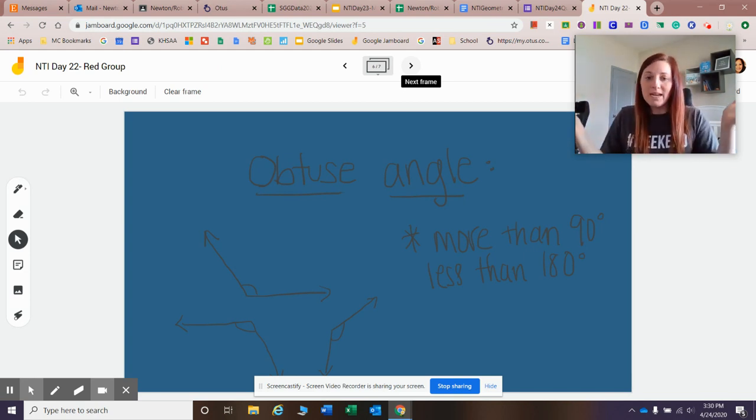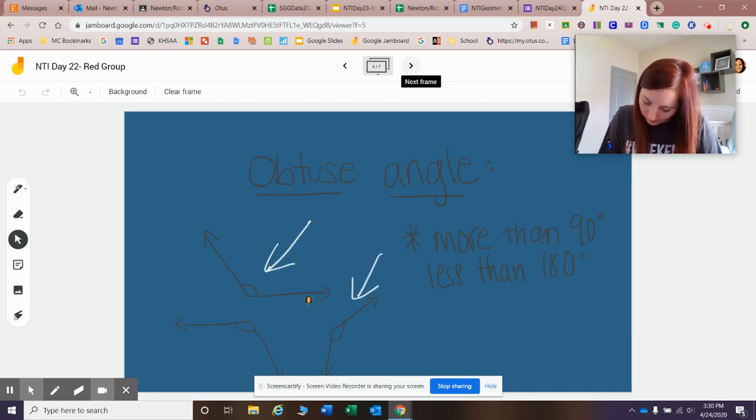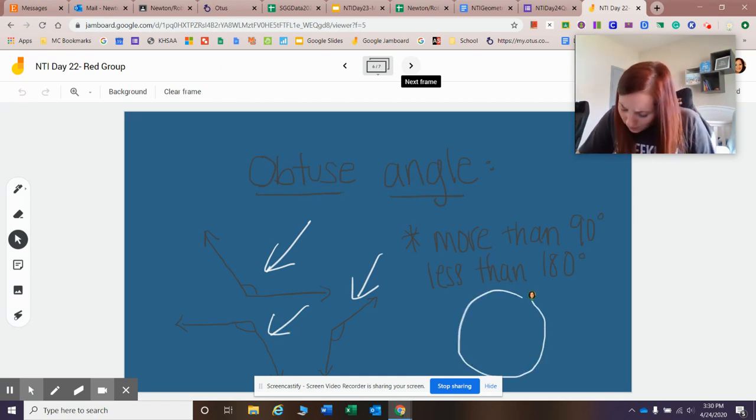So it's your big angle that's not quite a straight line. Here are some different examples that I've drawn. If I were thinking about a clock, an obtuse angle could be 3:50, when the minute hand's on the 10 and the hour hand's on the 3.